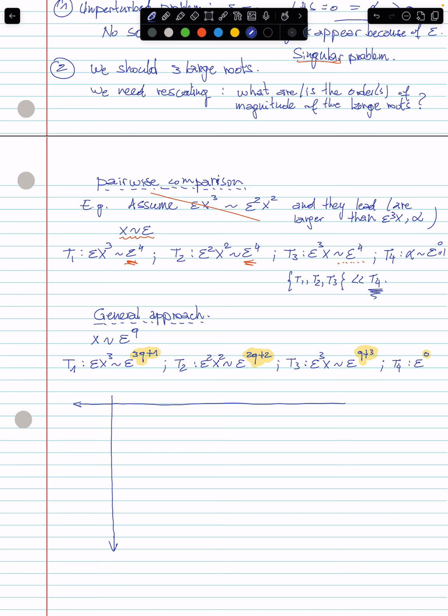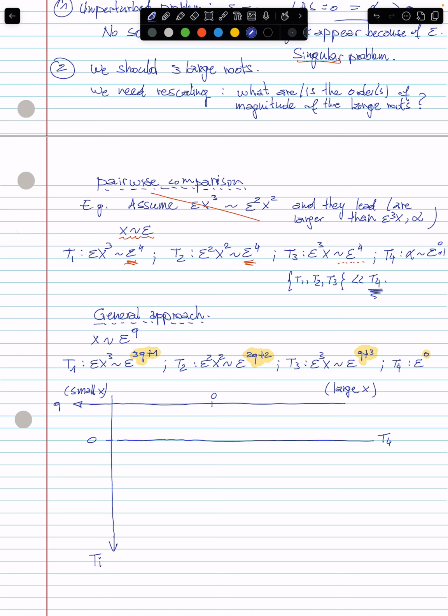Remember, we use a reverse axis here because we are interested in small values of x, where the exponent of epsilon is large, and on the right we have large values of x. Starting with term number 4, we see that T4 is here, because the exponent is always equal to 0.